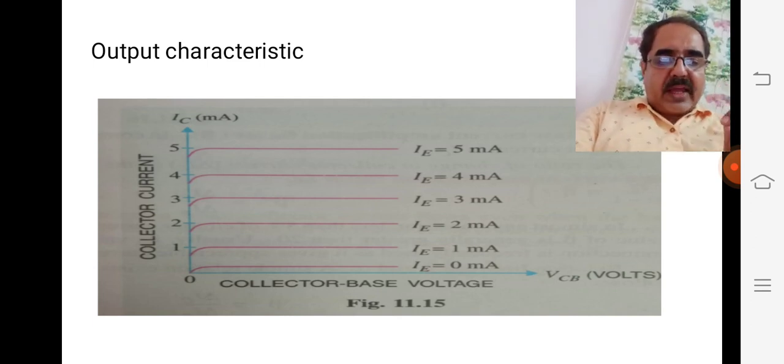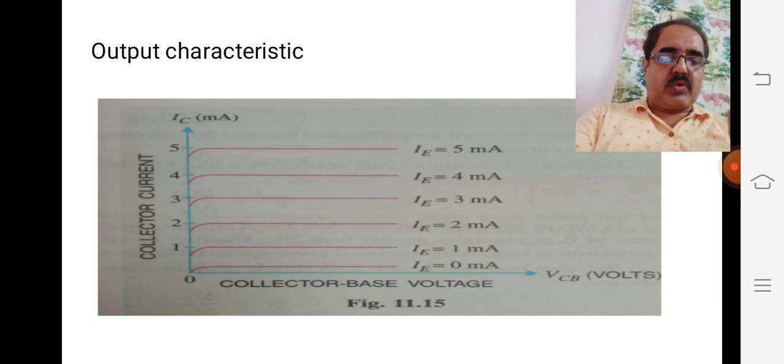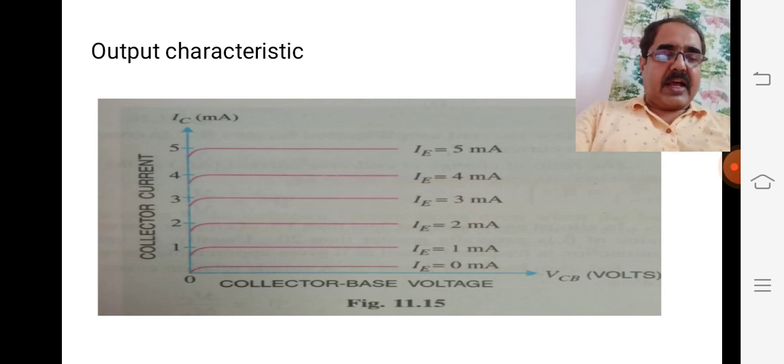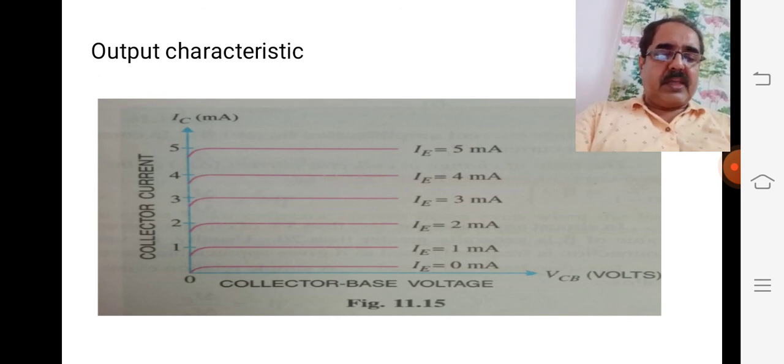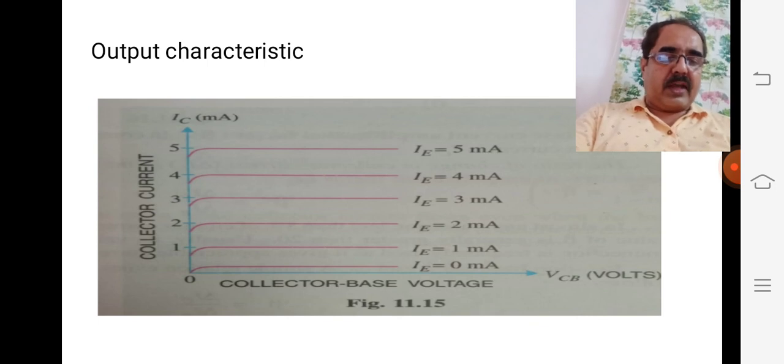The output resistance R_o is equal to delta VCB divided by delta IC at constant IE. The output resistance of a CB circuit is very high, of the order of several tens of kilo ohms.